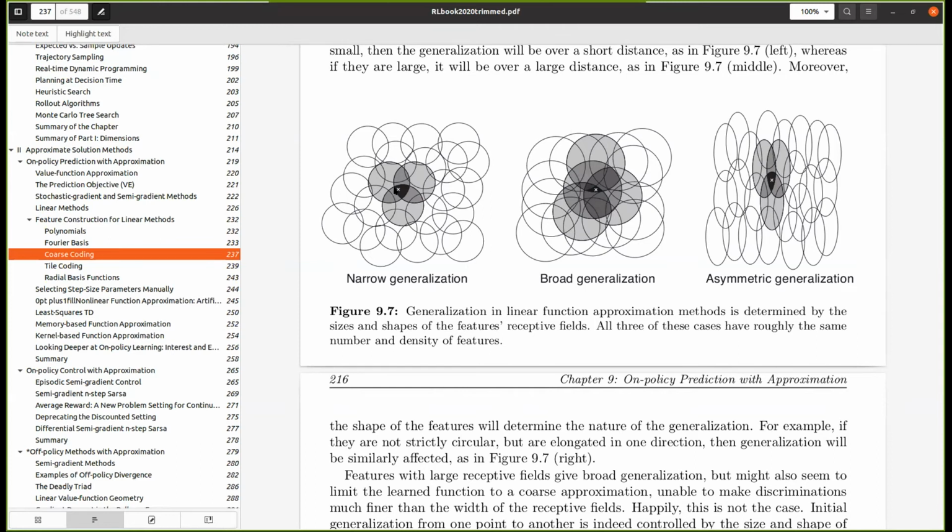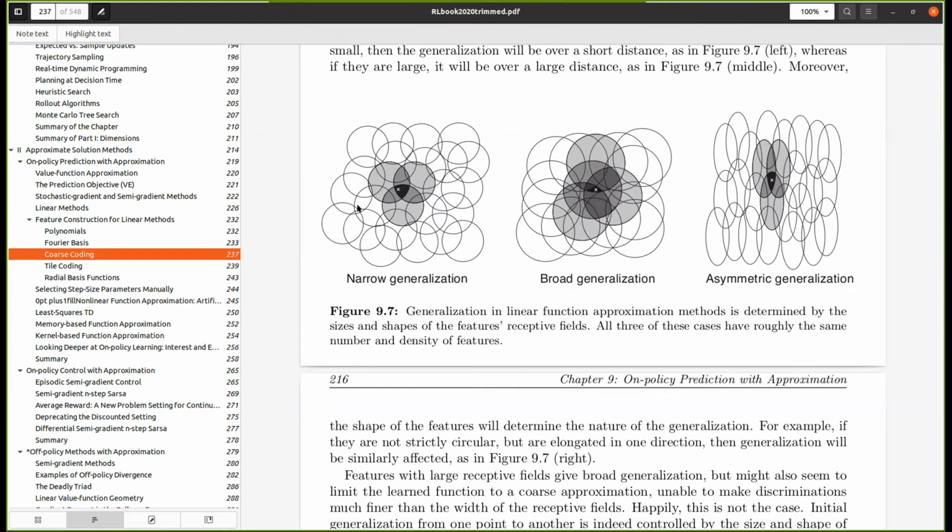So to rephrase it, you can see that more circles are likely to activate in this case than in this case. So when we have more overlap, we have a broader generalization.